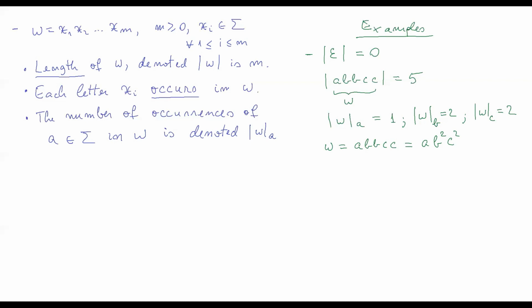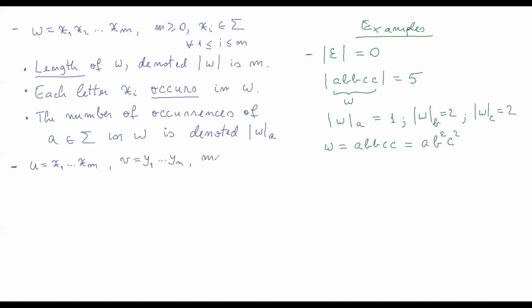So here is another definition I want to introduce, and that's the concatenation of 2 words. So if I have 2 words, U, made up of letters, say, x1, ..., xm, and I also have another word, V, made of letters y1 all the way to yn.